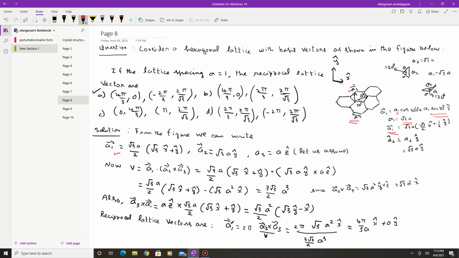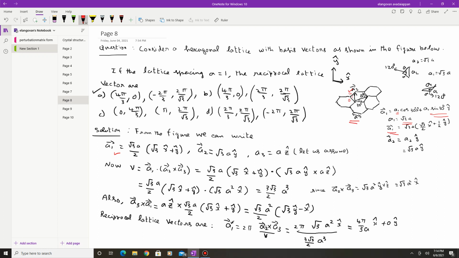Similarly a2, since it lies along the y-axis, is a2 y, and the value of a2 can be calculated because this angle is 120 degree.